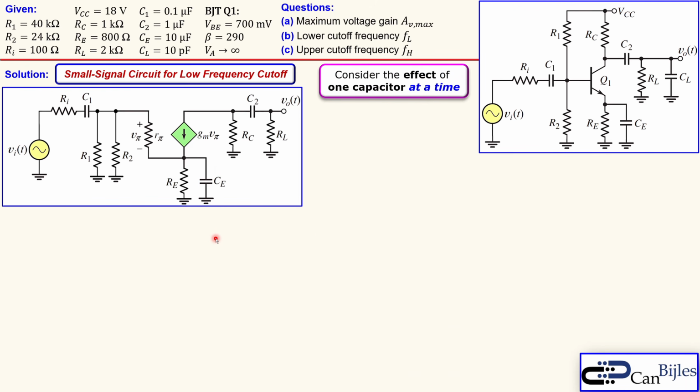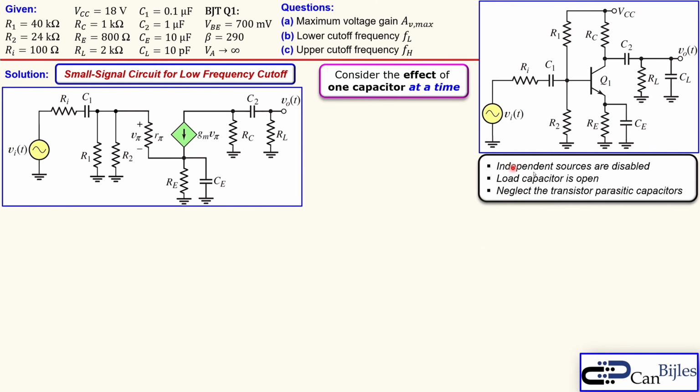What we need to do is apply what we call the short circuit time constant method, where we consider one capacitor at a time and determine the effect of that capacitor, C1, in terms of time constants. We will do that shortly in more detail. We also short or disable all the independent sources. In this case we have one, which is VI. The load capacitor is again open, so that's gone.